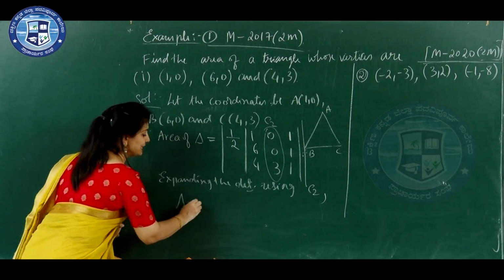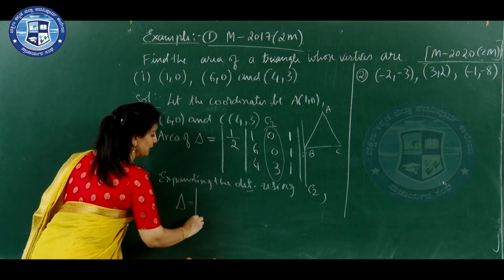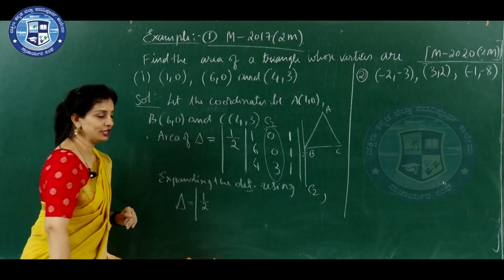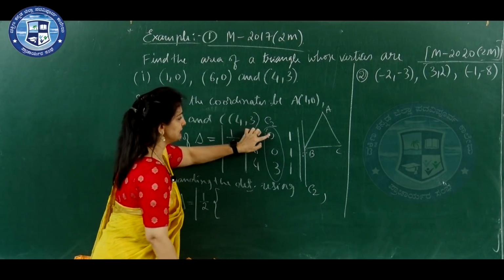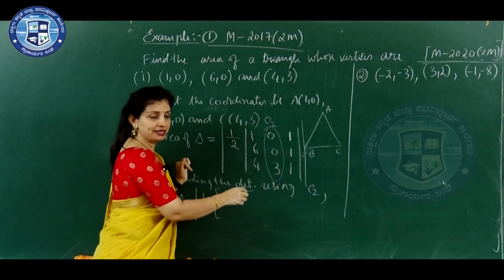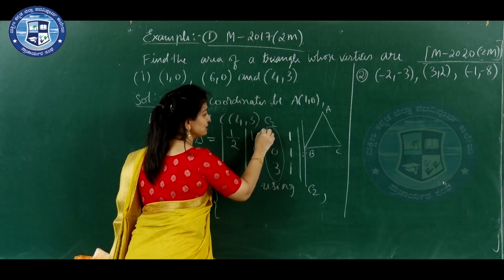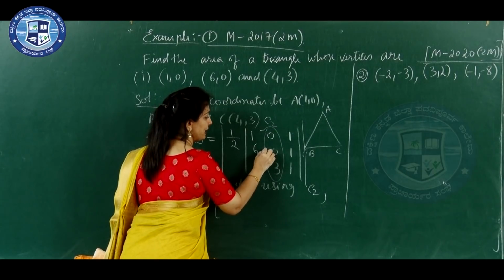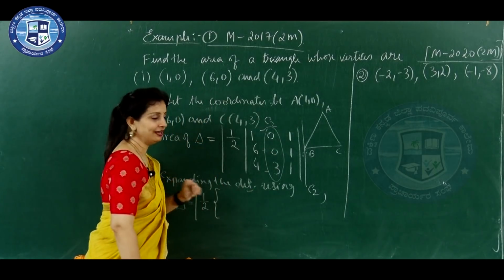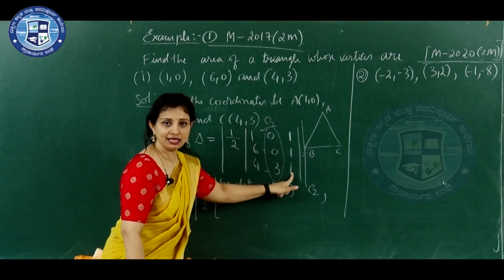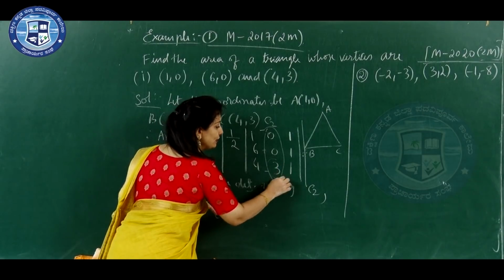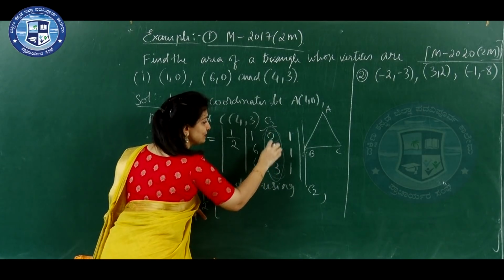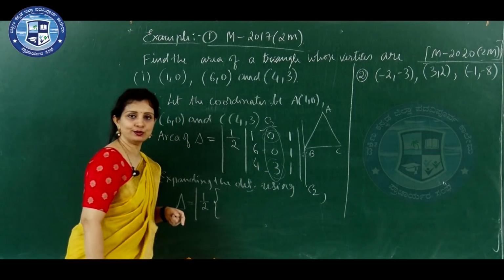So, area of triangle is half into the modulus of, when you expand it, see, the second column elements are such that you have to write the position signs minus, plus, minus. Why? Diagonally the elements are positive, two diagonals are positive, and these two are non-diagonal elements, so this is negative, this is also negative.